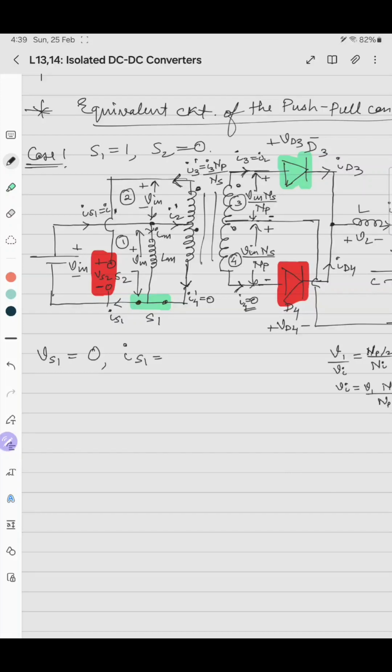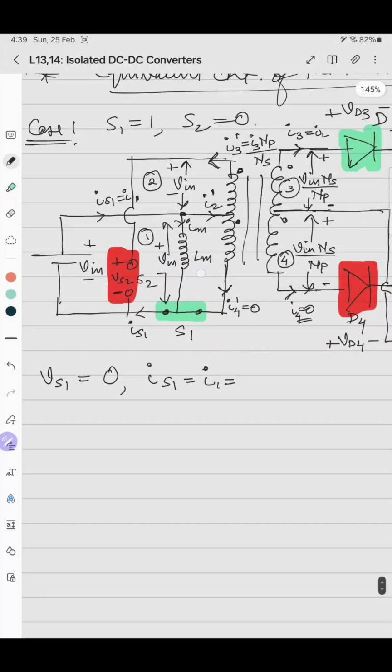So here in this case IS1 current will be equal to the I1 current, that is the source current. Instead of having too many notations, we will write like this. As per KCL, this current is equal to I4 dash plus I3 dash, I1 dash.